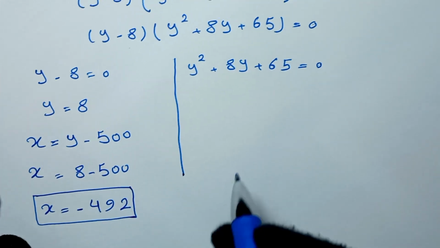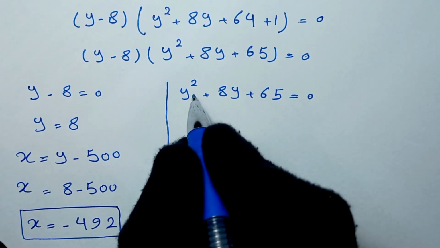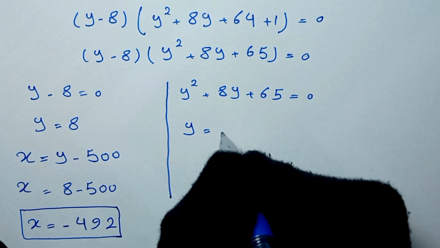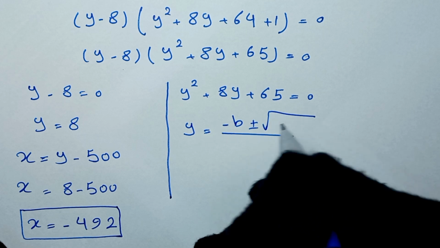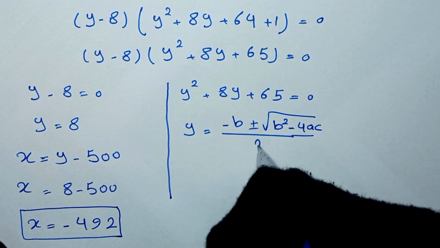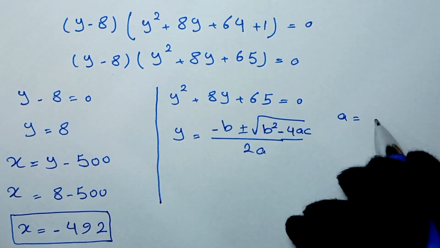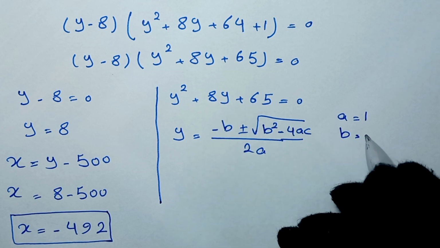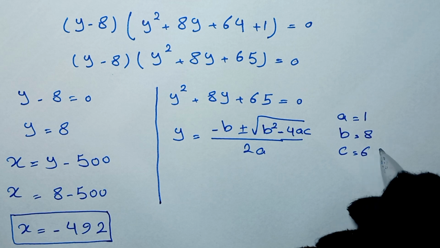And from this side, we have a quadratic equation, and we use the quadratic formula, which is y is equal to negative b plus or minus the square root of b squared minus 4ac, over 2a, where a is the coefficient of y squared, which is 1, b is the coefficient of y, which is 8, and c is the constant, 65.